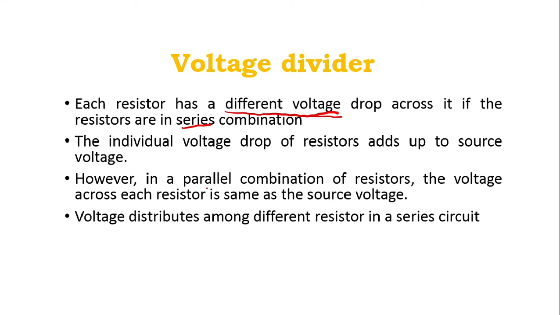However, in parallel combination, the voltage across is the same as the source voltage. Kalau dalam parallel, voltage ni adalah sama. Voltage distributes among different resistors in a series circuit. So, voltage kalau in series dia berbeza, kalau in parallel dia sama.